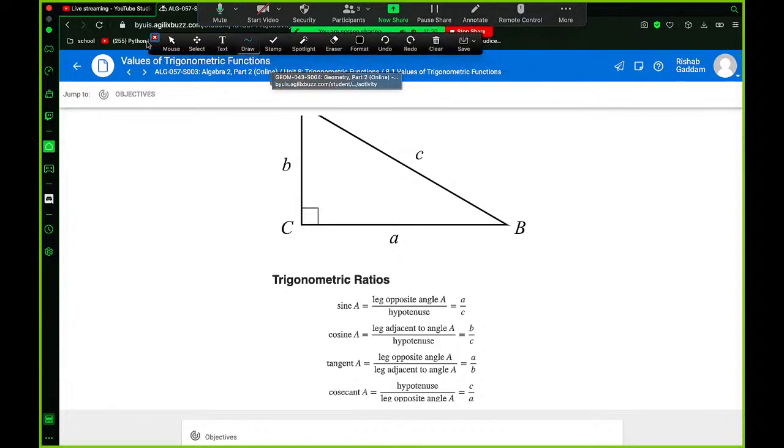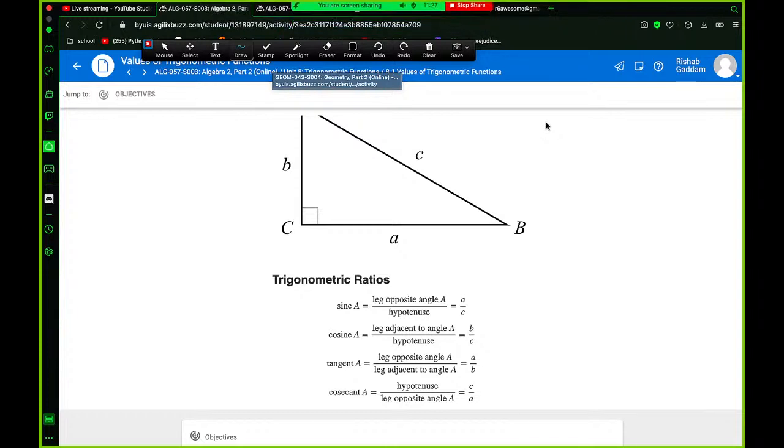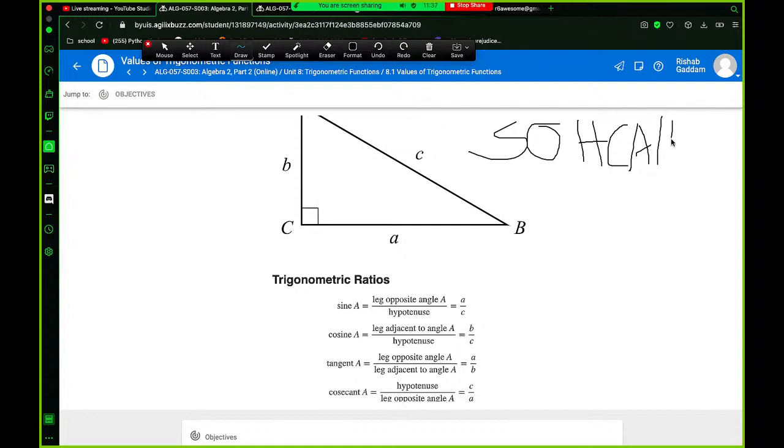Let me get my annotation tool. Okay, so does everybody know something called SOHCAHTOA?